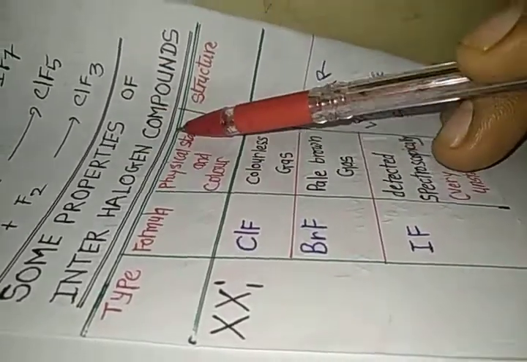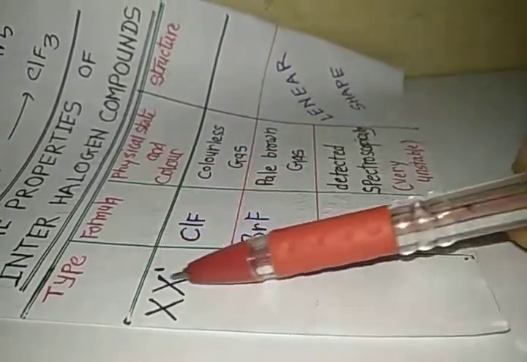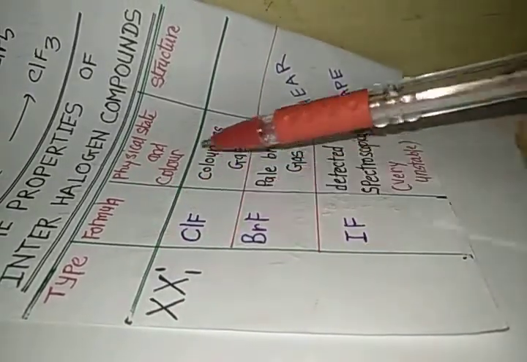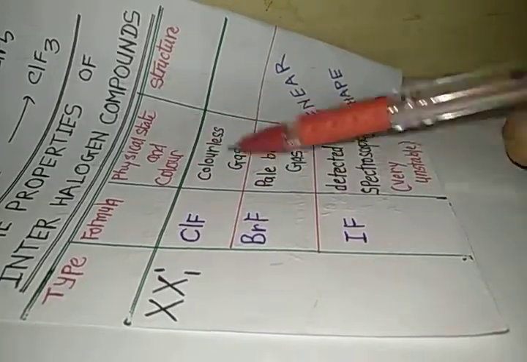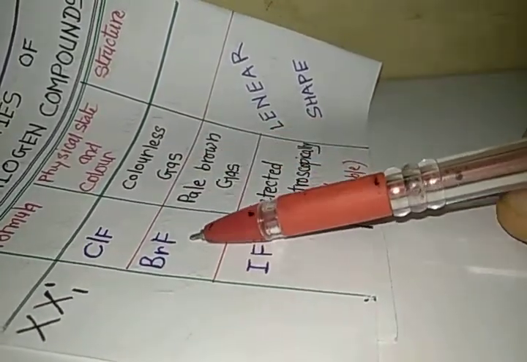Now the properties of interhalogen compounds that we need to study: the type of interhalogen compound, its formula, its physical state, color and structure. For the XX' type, we have ClF, which is a colorless gas. We have BrF, which is a pale brown gas. We have IF, which is very unstable and detected only spectroscopically.